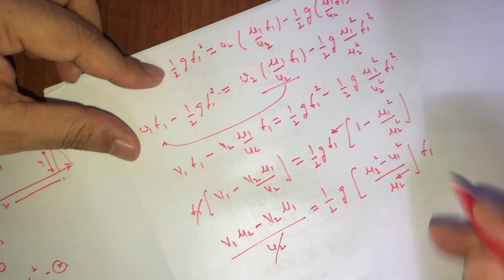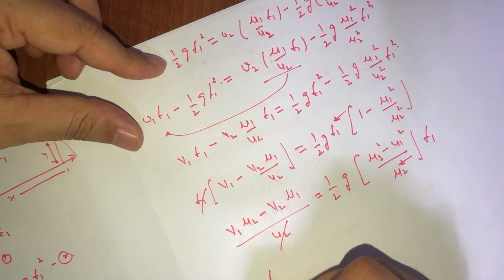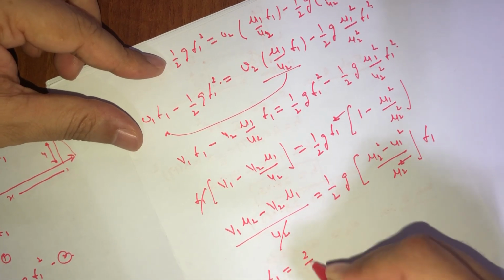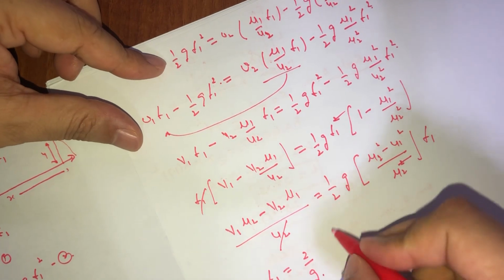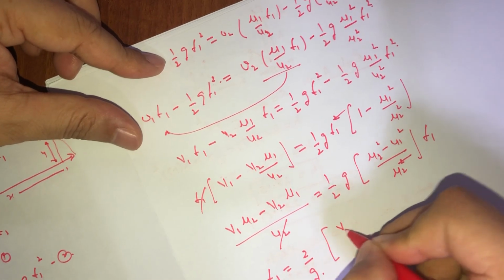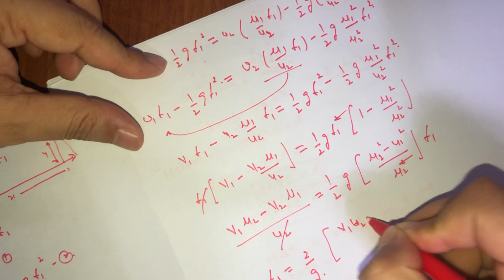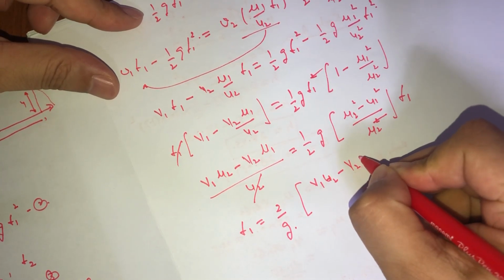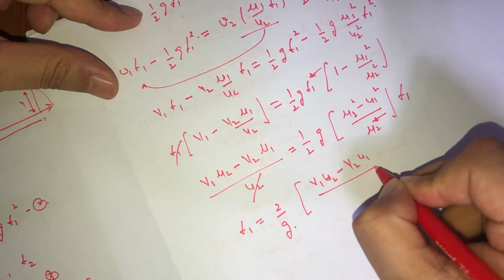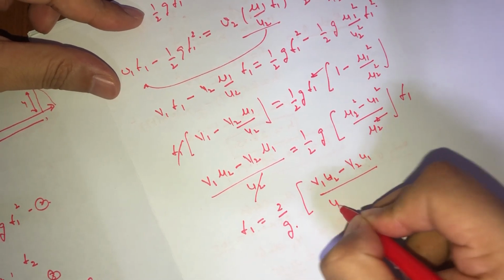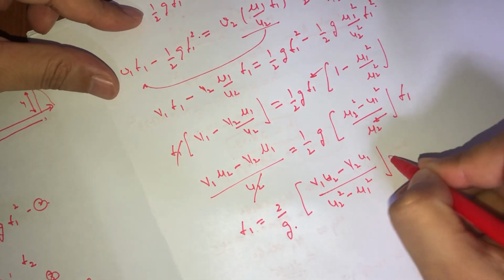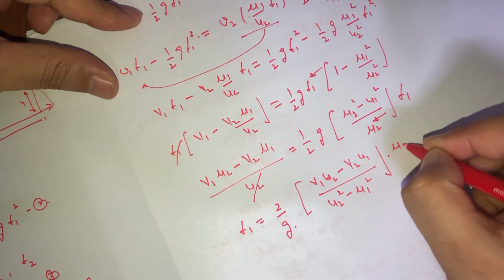This cancels out by the square part, so we get t1 is equal to 2 by g times v1 u2 minus v2 u1 divided by u2 square minus u1 square times u2.